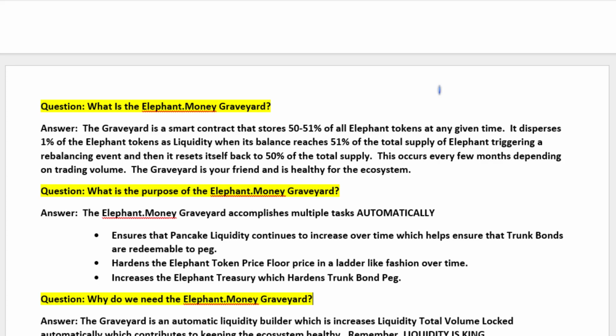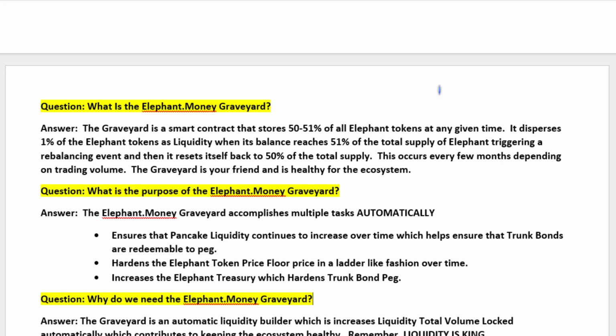So instead of a dead burn address, the graveyard is active in the sense that it's capturing reflection dividends as buying and selling happens on the Elephant token, and it slowly builds its supply from 50 to 51%.